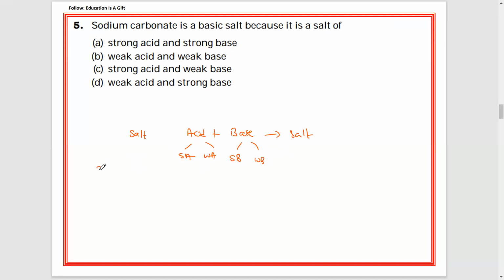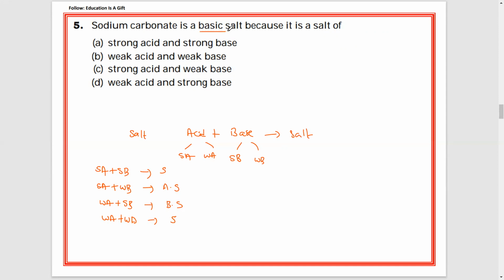Again, there are 4 combinations: strong acid plus strong base, strong acid plus weak base, weak acid plus strong base, weak acid plus weak base. In case of strong acid plus strong base, we get just salt. Strong acid plus weak base, we get acidic salt. Weak acid plus strong base, we get basic salt. Weak acid plus weak base, we get normal salt.